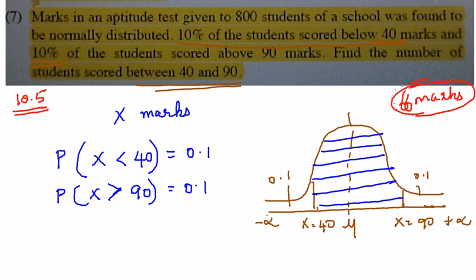How will I find out this? This would be this whole thing, right, minus this and minus this.